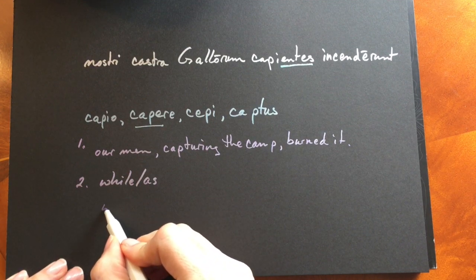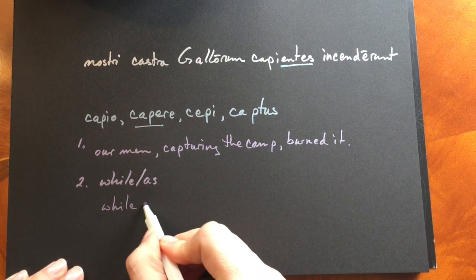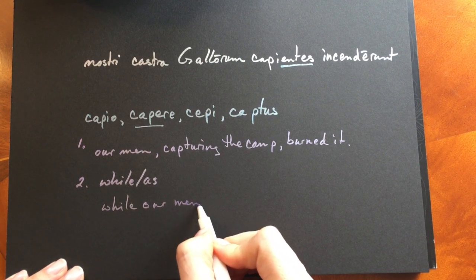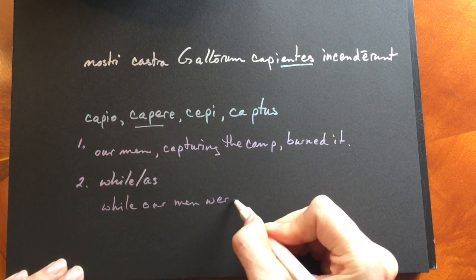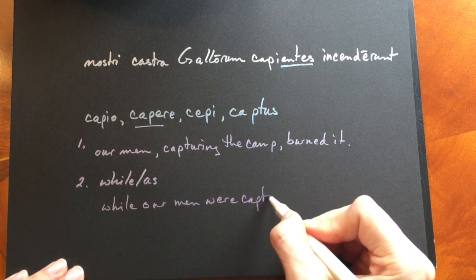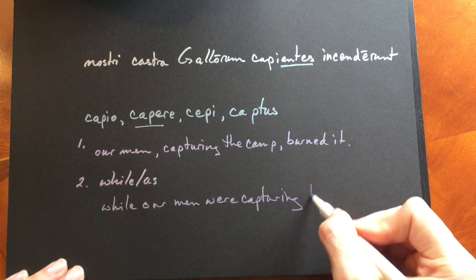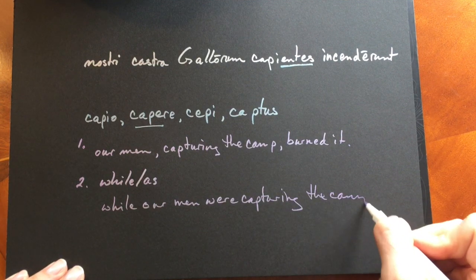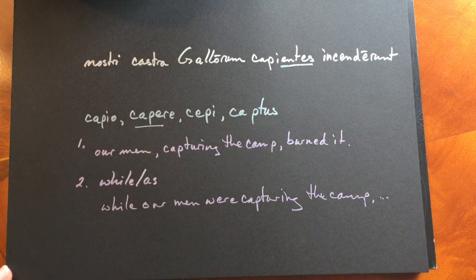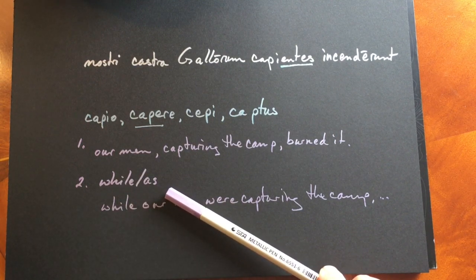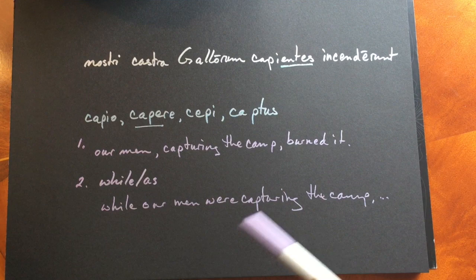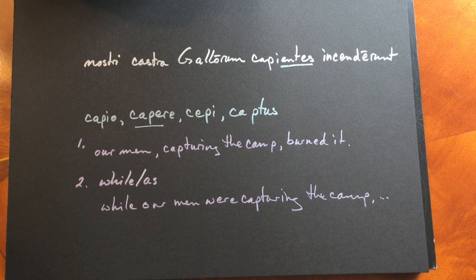So, while our men were capturing the camp, they burned it. Or as our men were capturing the camp. So you have an adverbial of time telling us that these things are happening at the same time.